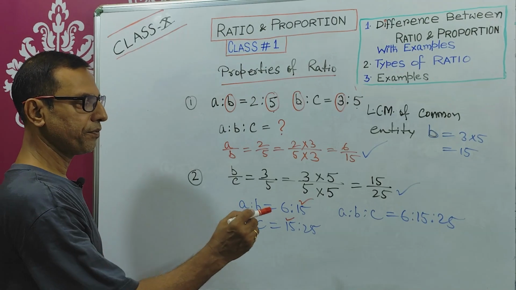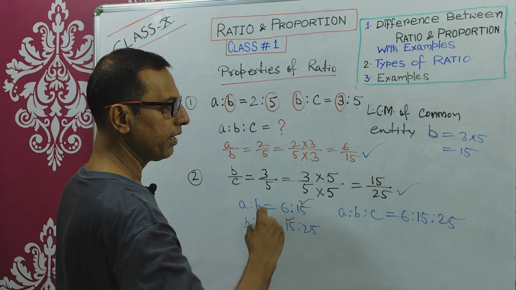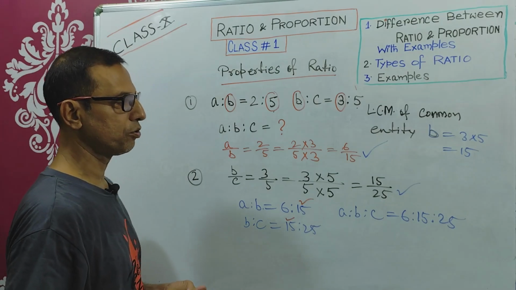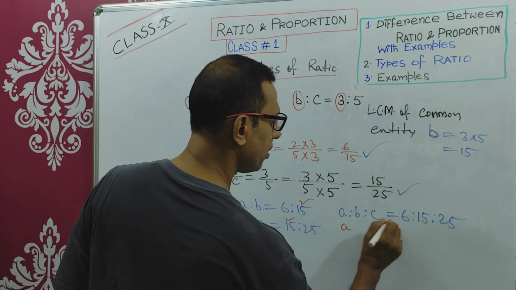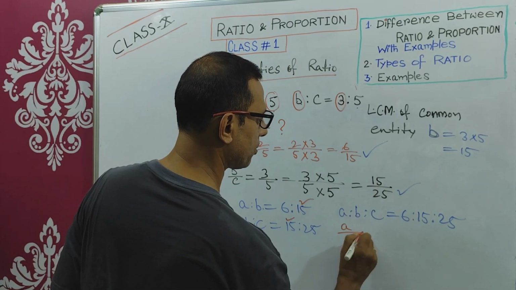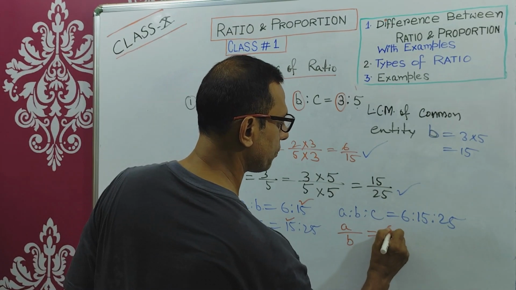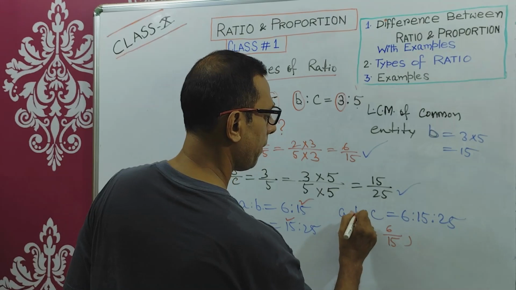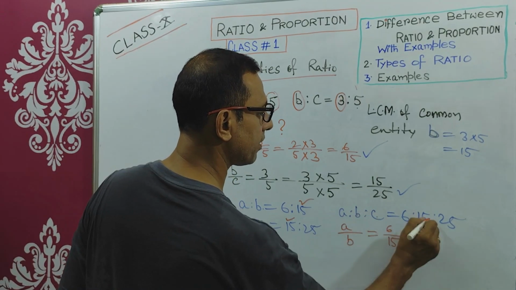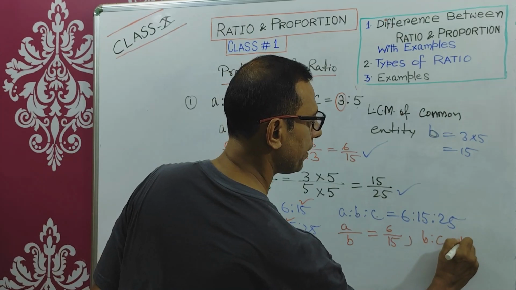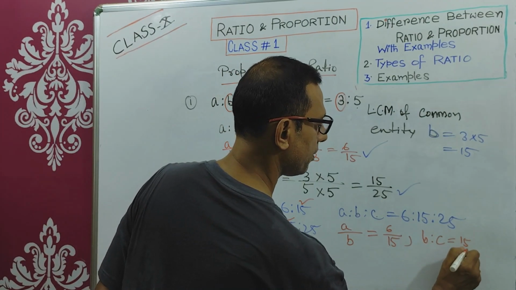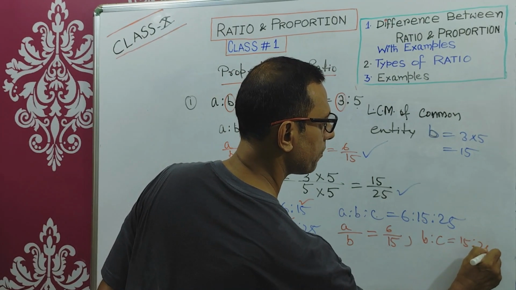In the reverse way, if the ratio is given A is to B is to C equals 6 is to 15 is to 25, you can write down straight away. Compare this to A is to B, you can say 6 is to 15. B is to C, you can say second and third, 15 is to 25.